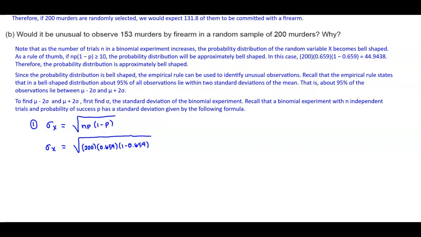Taking the square root of 44.9438 and rounding to 2 decimal places gives us 6.7.